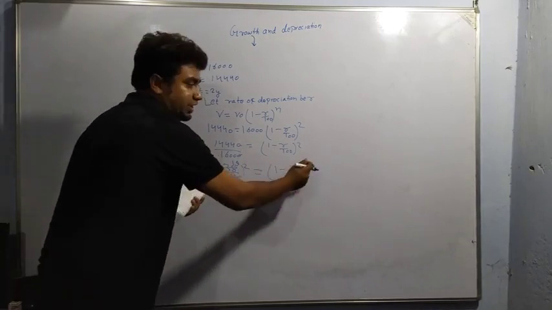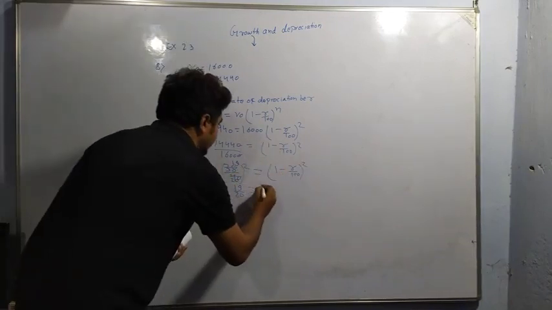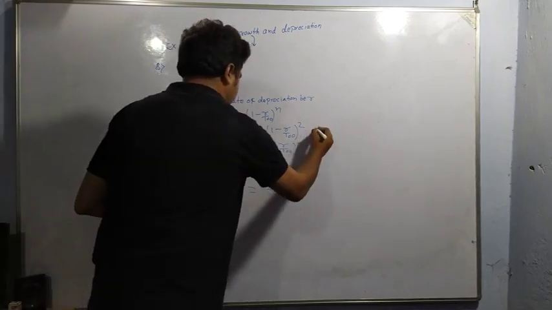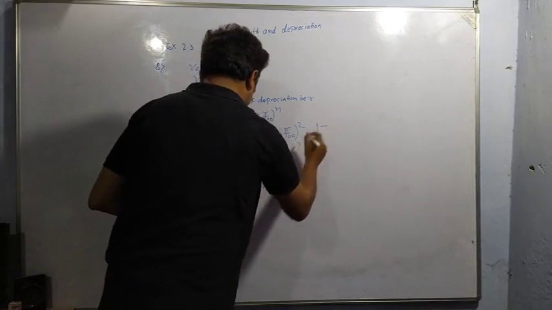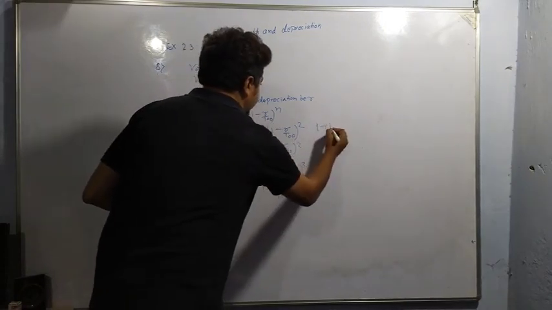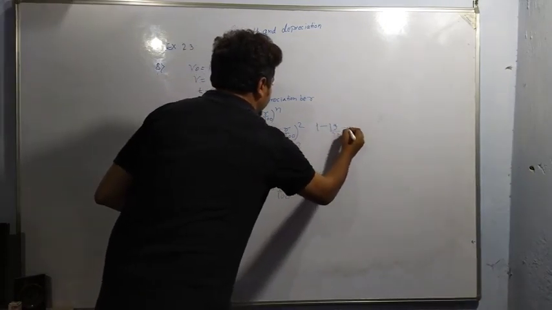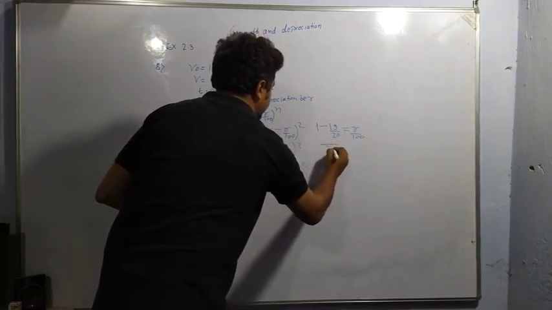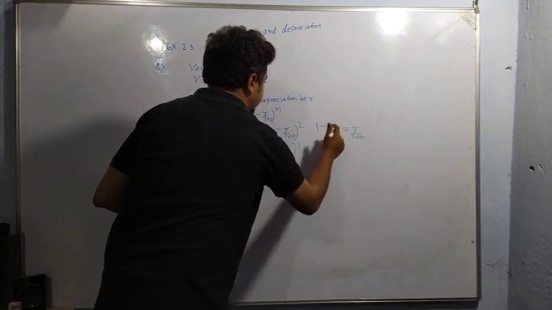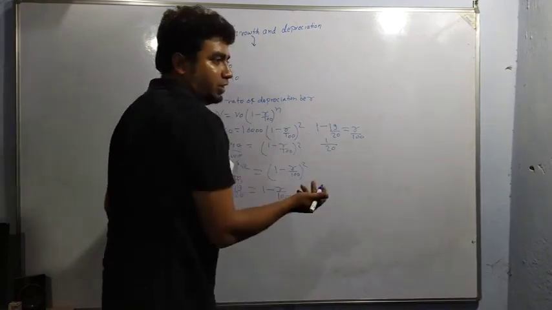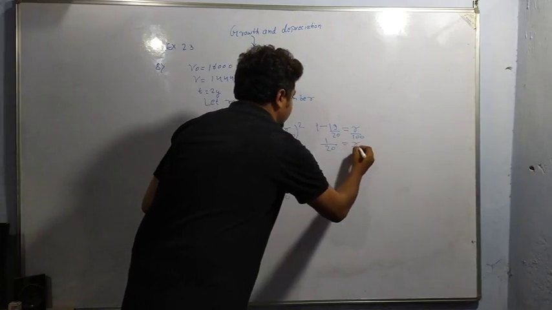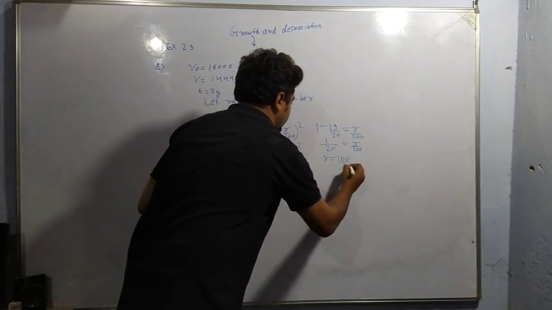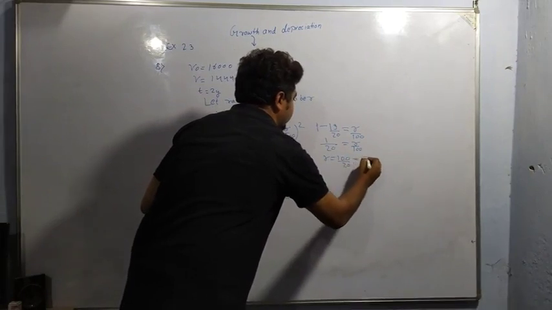We'll be comparing the squares: inside, 1 minus R by 100 is equal to 19 by 20. From here, taking the 19 by 20 to the other side, 1 minus 19 by 20 is equal to R by 100. 20 minus 19 is 1, so 1 by 20 is equal to R by 100.